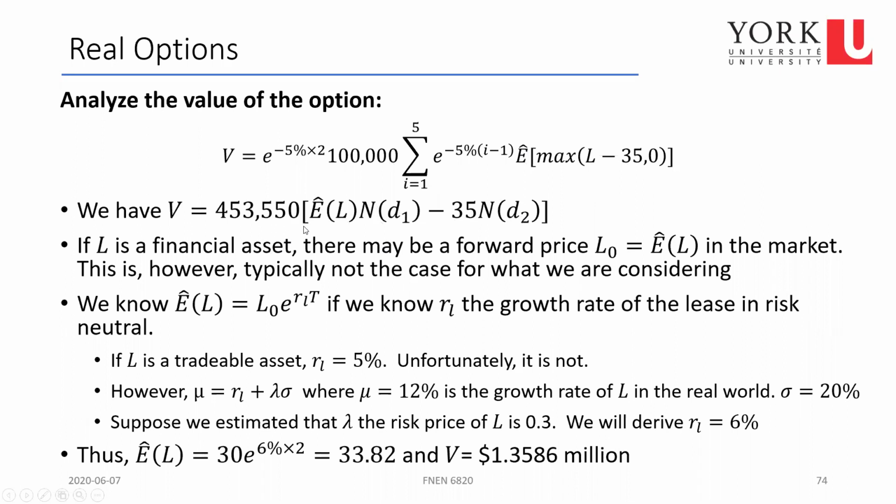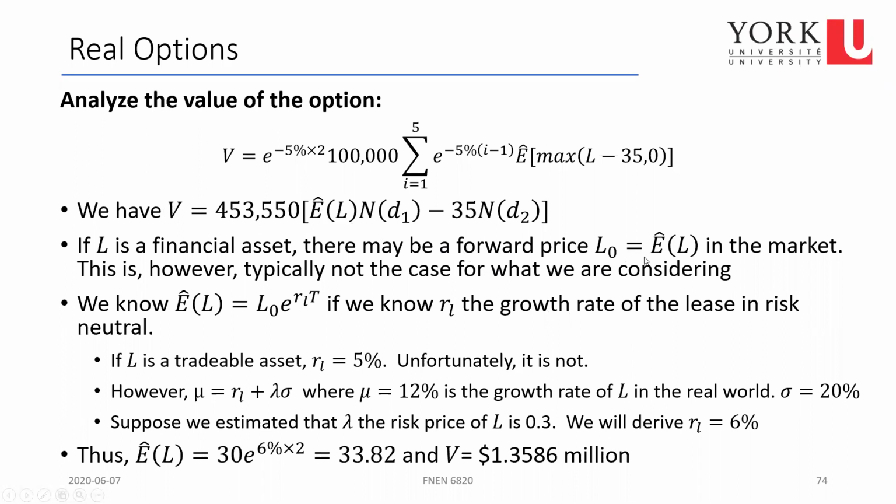Now, once we have done that, we are just left with this risk neutral expected value of the lease rate. And if we do have a forward lease rate 2 years from today, we can just plug that in, and we can solve for this value V and see whether it's greater than $1 million or not.